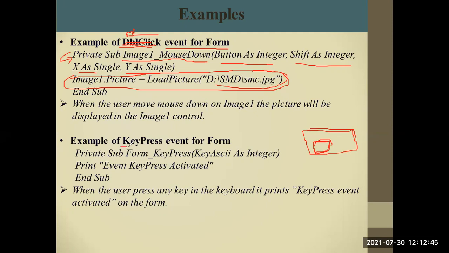Similarly, there is also a keyboard event available, which is the key press event for the form. Whenever you press any key from the keyboard, the pressing of the key is your event. If this event happens, a certain action should be performed on your output window, or basically your application window where the output is displayed.